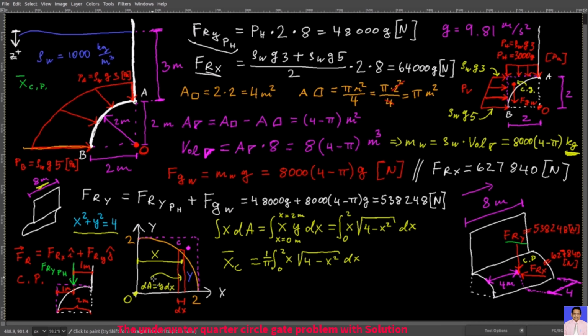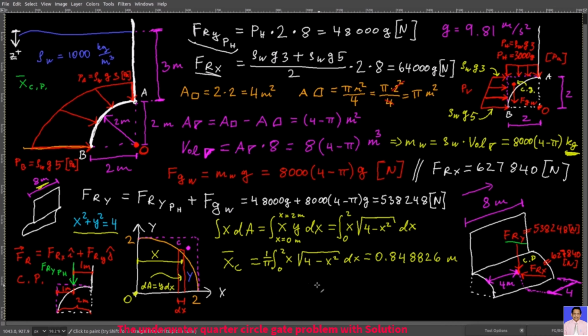And that's because the area of this quarter circle times x bar centroid needs to give you this integral here. So we are finding the area centroid just like we have done before. For example, remember we had a right triangle dam. We used the exact same technique for that. And so if I calculate all this, I will get 0.848826 meters. And of course, I did not do it by hand. I used the Wolfram Alpha online integral calculator.